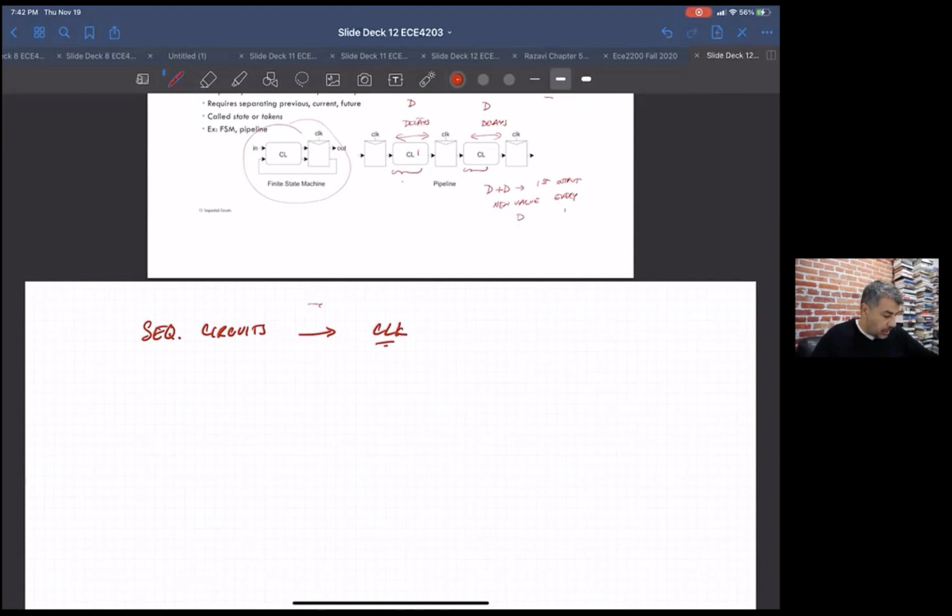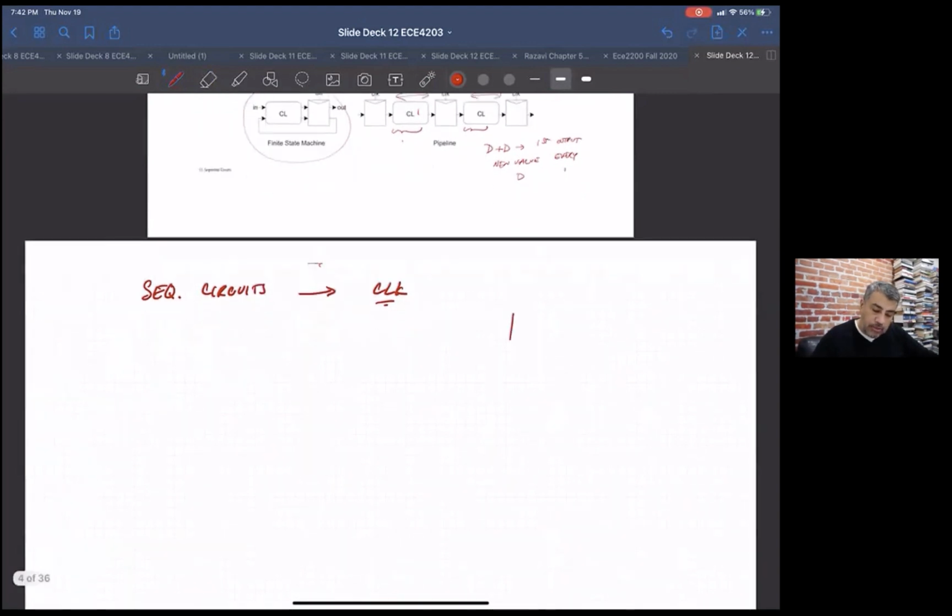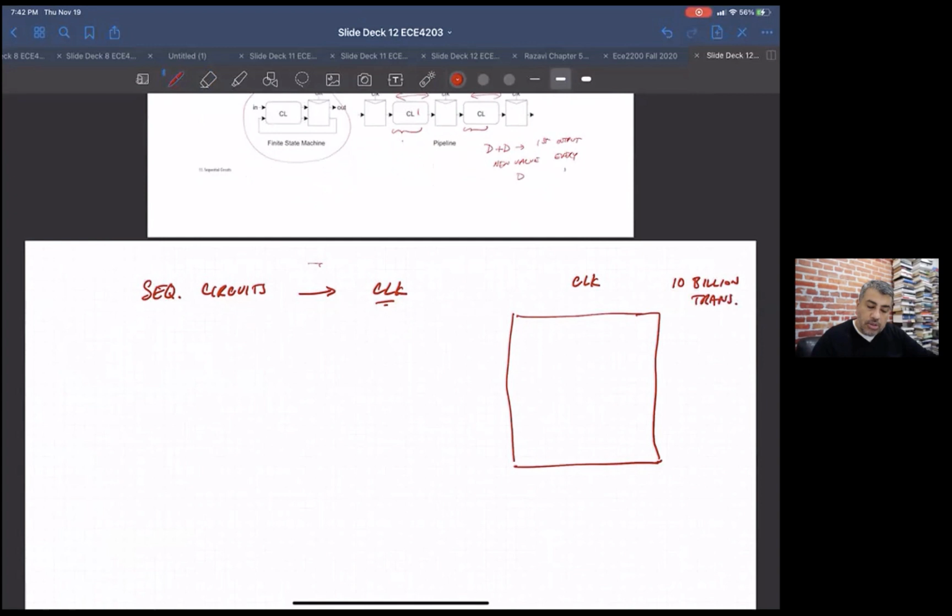And think of a clock, okay? Think of a physical clock. You have your chip, and let's say, we've been talking about 10 billion transistors or whatever. Lots of transistors. So you might have hundreds of thousands of sequential circuits, whether they're flip-flops or latches.